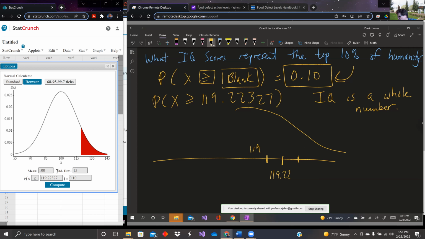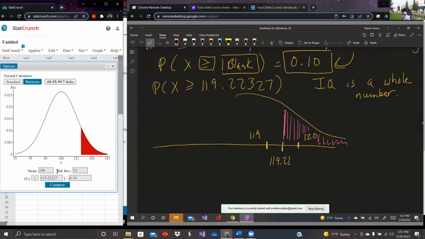And if I go to the right, it's 120. I'm exaggerating the distance to make it visible. And right now, we are currently shading this. So what's going to happen if I go to 120? If I use 120, my region is only this. I won't have the top 10%.